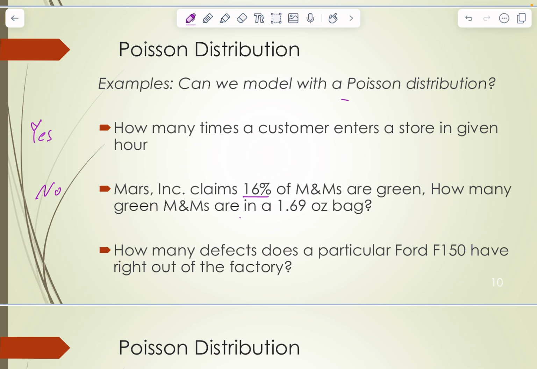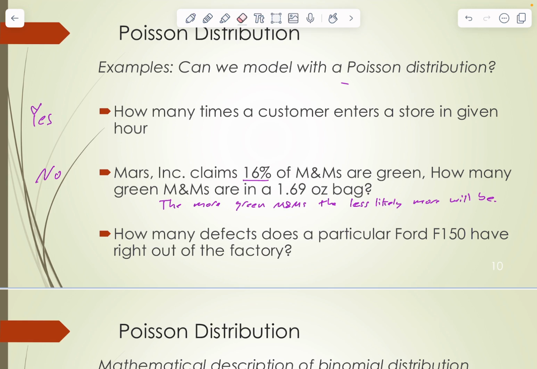So the more green M&Ms you put in, the less likely there'll be another green M&M added. Okay, and then how many defects does a particular Ford F-150 have right out of the factory? Again, this one is a bit of an approximation, but it'd be fairly reasonable to use a Poisson distribution to model the number of defects.